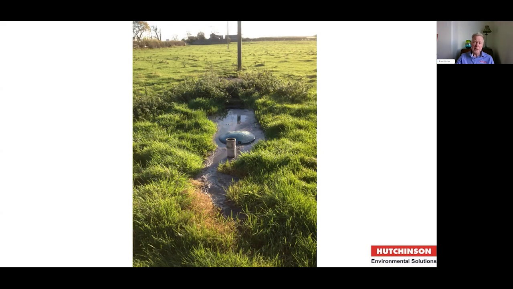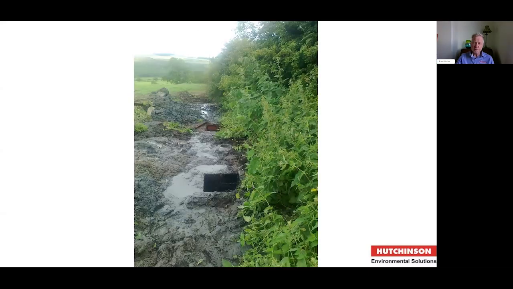A drainage field, depending on the porosity of the ground, is going to set you back probably at least £4,000 for the smallest one, including setup time on site, and can easily run into £25,000-30,000 for a site where the drainage is not so good. So protecting your drainage field is very, very important.